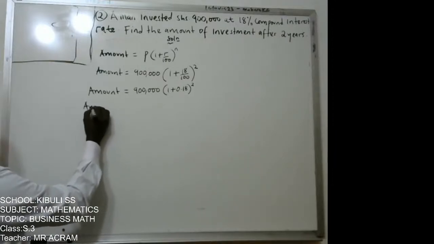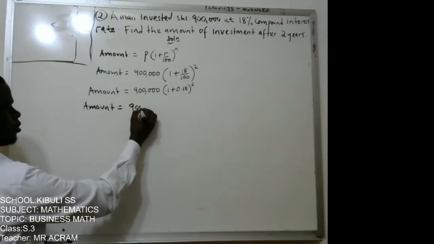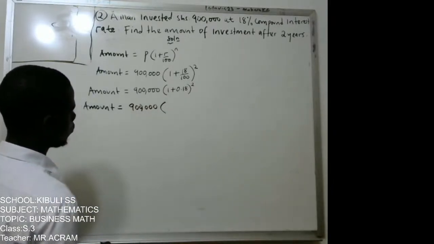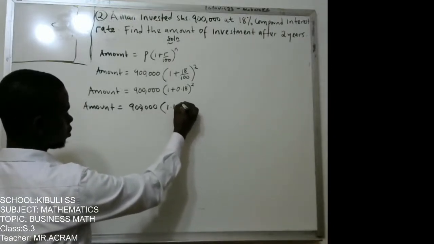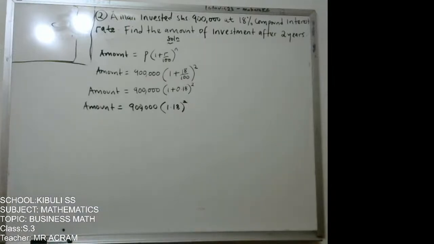The amount will equal 900 into, when you add this and this, what do you get? 1.18, not so? Squared. Then you place your calculators and you tell me what you have. 1.18 squared.